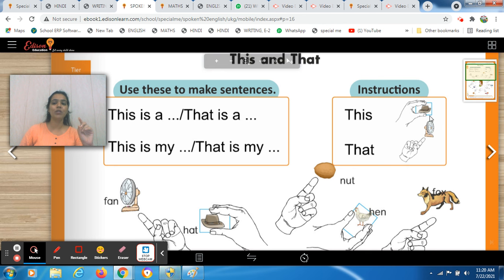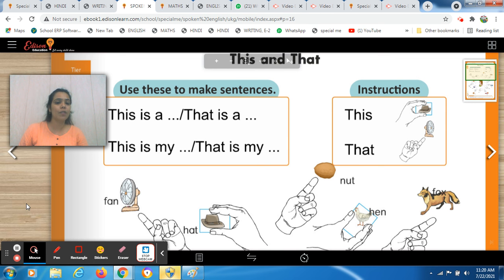There is a hand which is holding a hat, so we will use this because the hat is near. और जहां पर आप पॉइंट कर रहे हो फिंगर से, फिंगर से आप किसको पॉइंट करते हो, जो आपसे दूर होता है. ठीक है, तो जो दूर होता है उसके लिए आप क्या यूज करते हो, that. Okay, so only this thing you have to keep in your mind and then form a sentence.